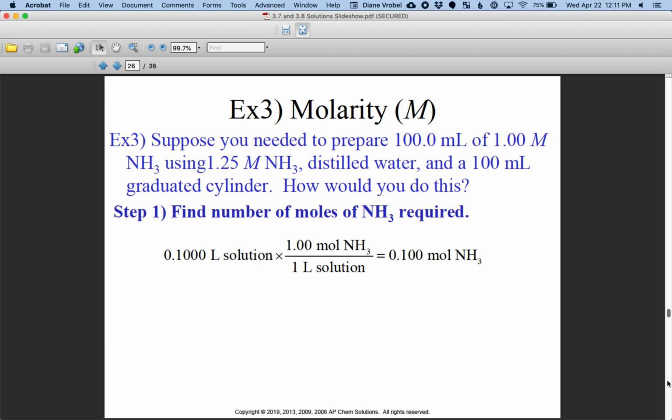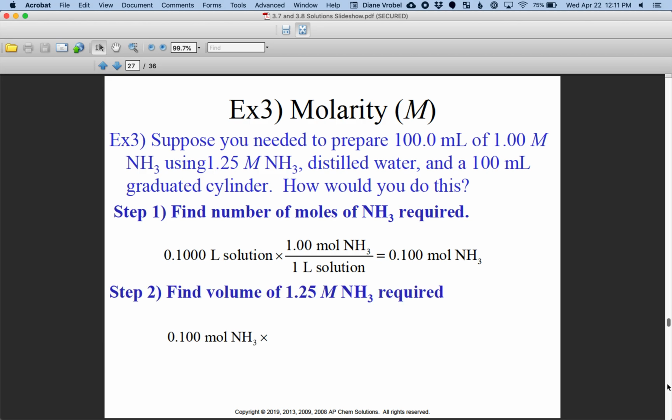So they took the volume that they were told, and they used the target molarity to figure out the moles. And then once they have the target moles, they want to scale that up using the concentrated molarity. And that tells you the volume of the original concentrated solution that you need to measure out.